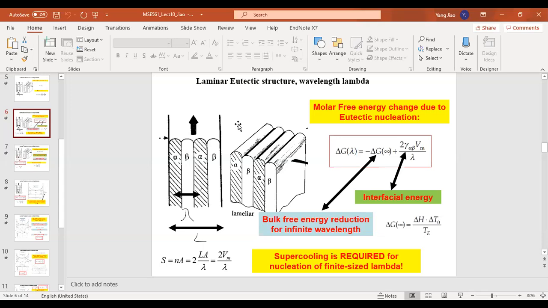So now this leads to a distinction when we analyze the critical size for this length scale. In the spherical nucleus case, because the radius is growing, we can simply get the critical nucleus by setting the derivative of delta G equal to 0.